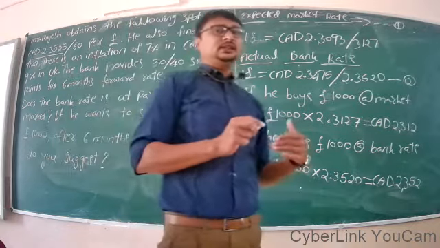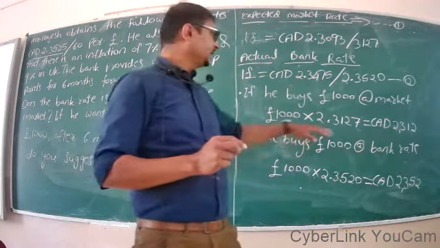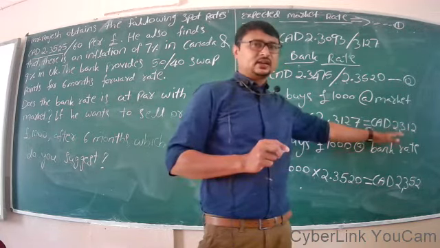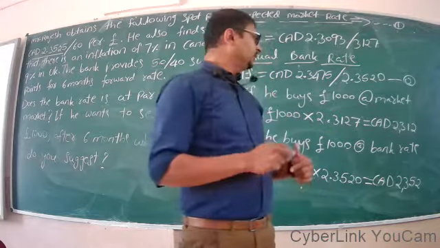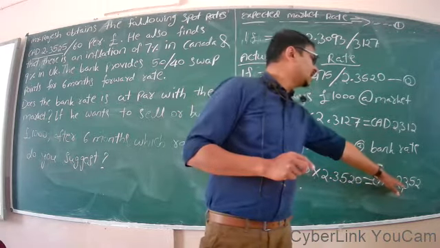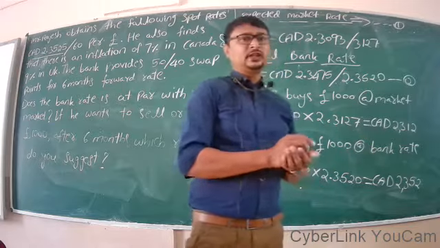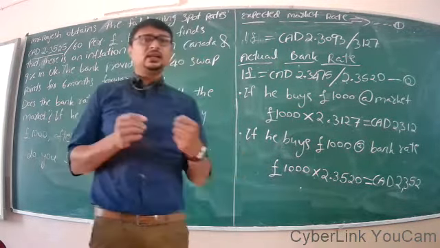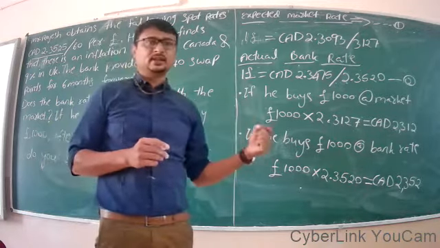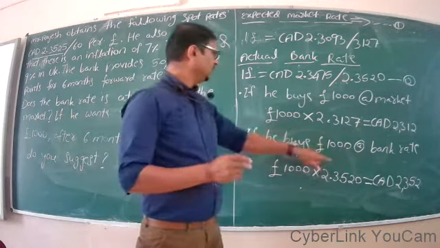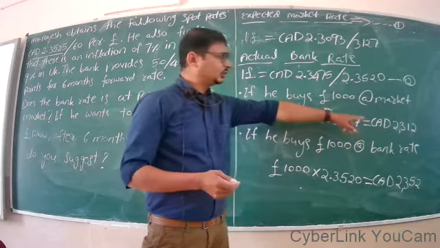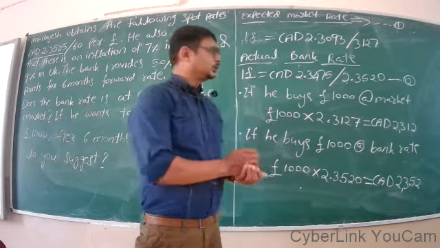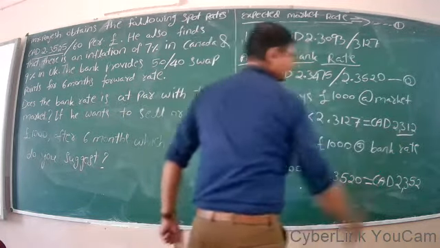If he buys it at the market rate, he has to pay 2312 Canadian dollar. If he buys it from the bank, he has to pay Canadian dollar 2352. So which one is the better price? If we are the buyer, we look for the lower rate. Market, it is 2312. Bank, it is 2352. So the lower price is this one.